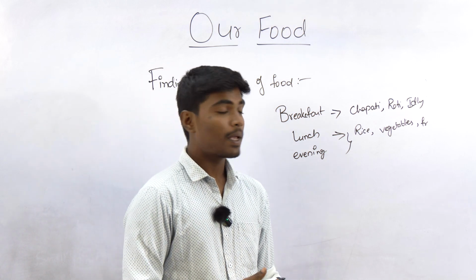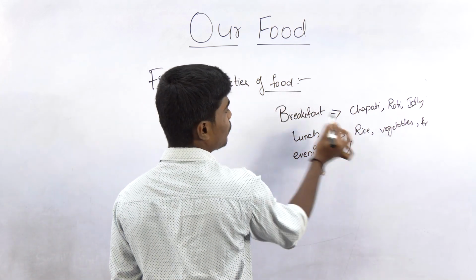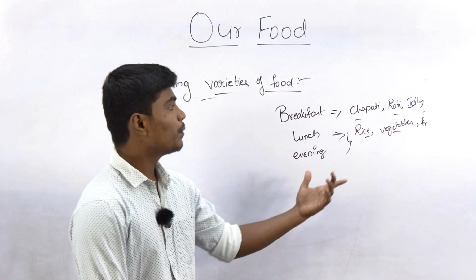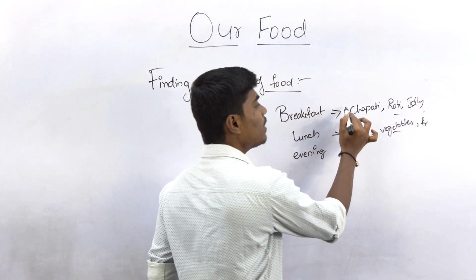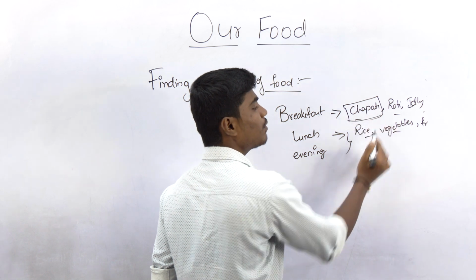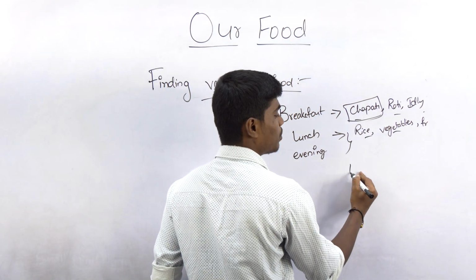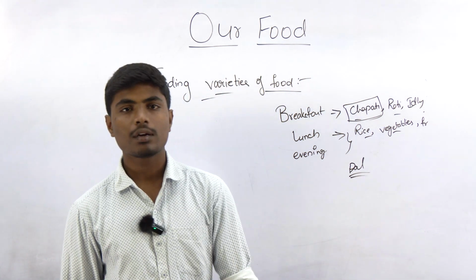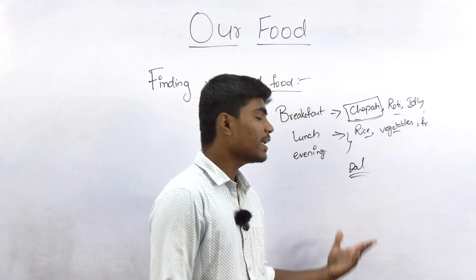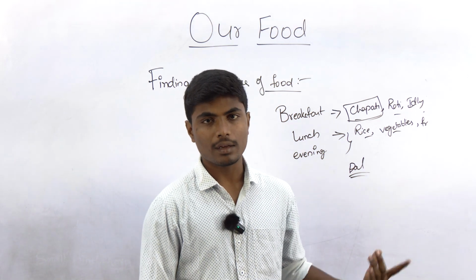Here we have different varieties of food, but we don't know what items we need to make food. For chapati, we don't know what ingredients we need. Let's take dal. In the preparation of dal, we don't know what the ingredients are and what method we use to make dal.